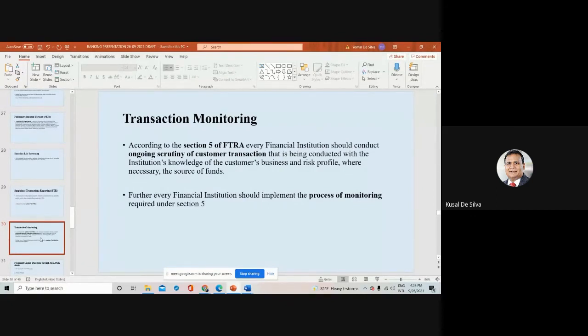Any transaction falling outside your risk profile will be highlighted. So it is very important to profile the customer properly. If you don't, you may not even be able to track their transactions in a proper manner. So therefore, it's very important.